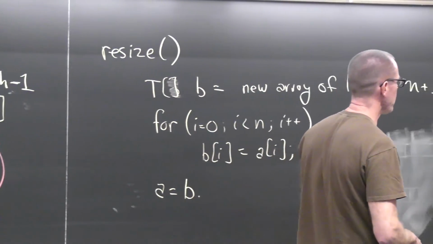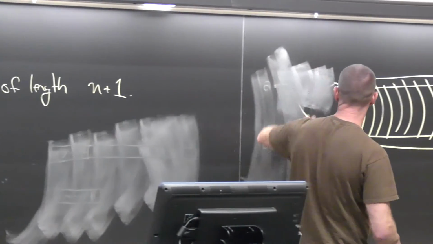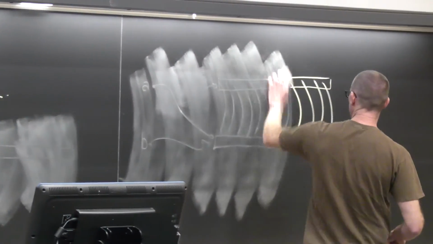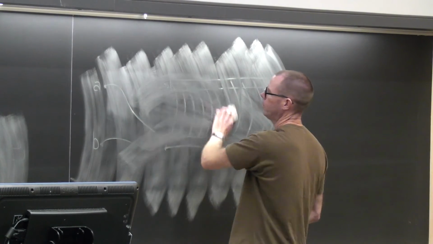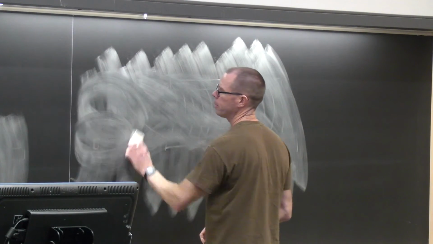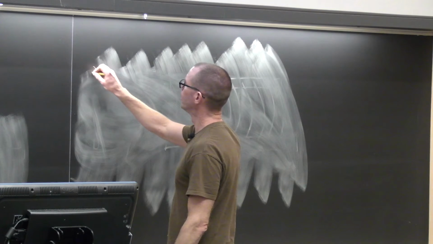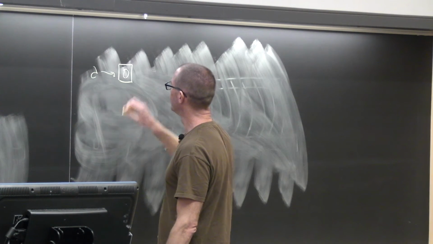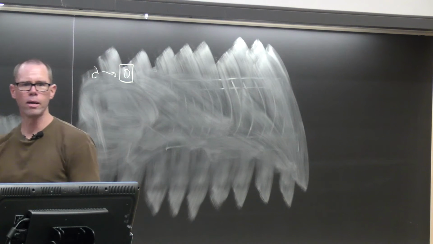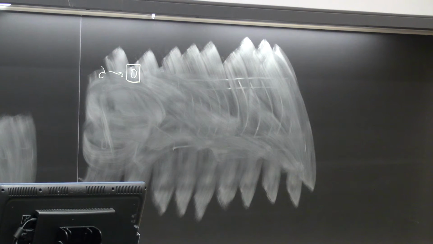So let's see what that picture looks like. Initially, we add the first element, and we have a picture that looks like this. Okay? So we add 0, and we get this array. A has length 1, and 0 goes in there.